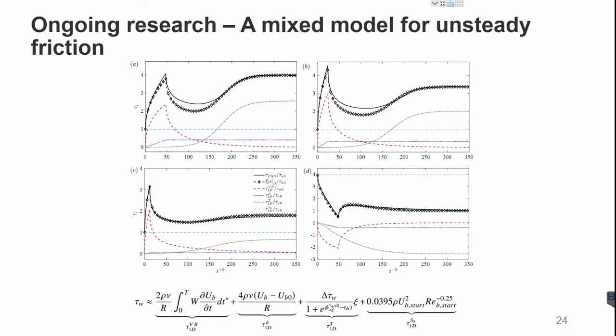Probably it would be good to test the same thing at much higher Reynolds numbers with milder accelerations and decelerations. Also, it would be interesting to see what happens when we have rough pipes, because our simulations are for smooth pipes. But I think it's a good start to get a more universal unsteady friction model.